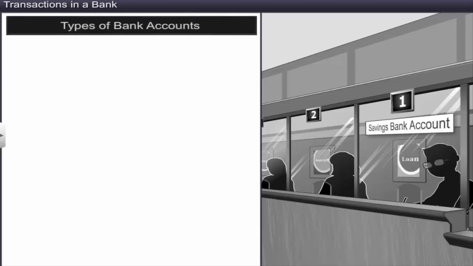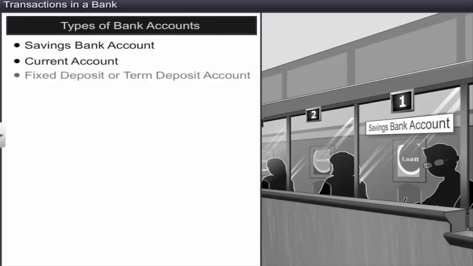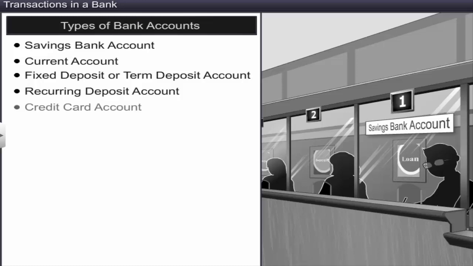There are many types of accounts, such as savings bank account, current account, fixed deposit or term deposit account, recurring deposit account, and credit card account. What account a customer needs depends on the purpose of the account and his saving capacity.